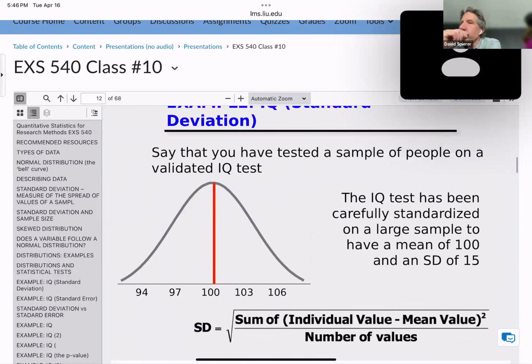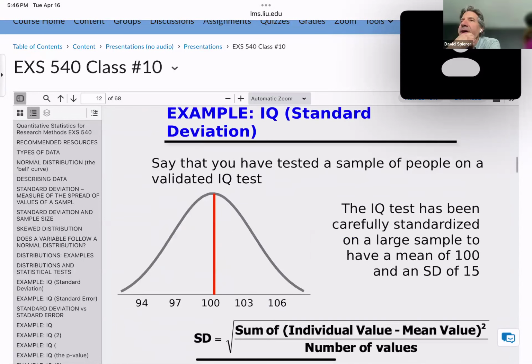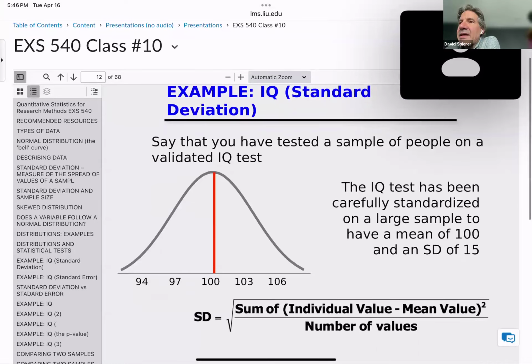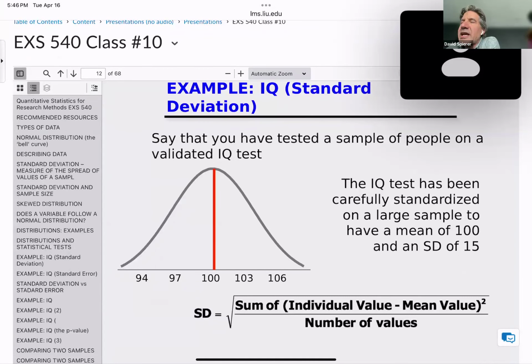So we're going to go through just an example of how standard deviations really play a role in how we determine whether or not our statistics are appropriate. Okay, whether or not we could even get to the point where our statistics are significant, the data is significant. So here we tested a sample of people on an IQ test, and it's been standardized on a large sample to have a mean of 100 and a standard deviation of 15.